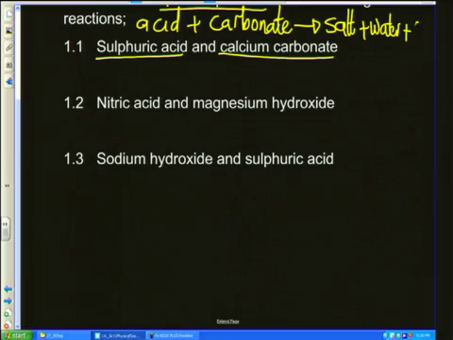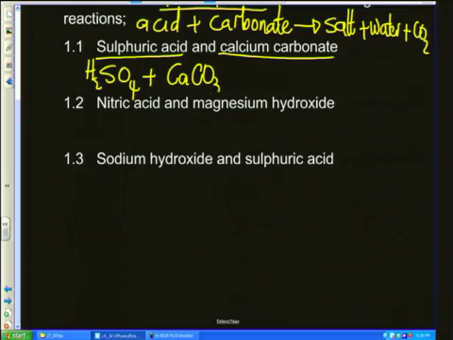Okay, so I can write, all right, H2SO4, that is sulfuric acid, plus calcium carbonate, CaCO3. This will give me, the salt is going to be calcium sulfate. So it's CaSO4, okay?